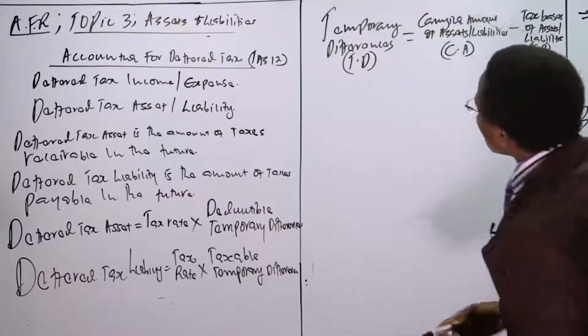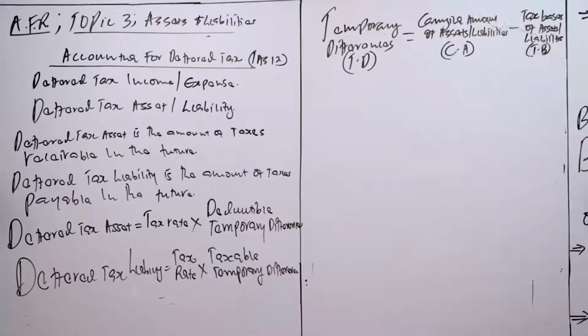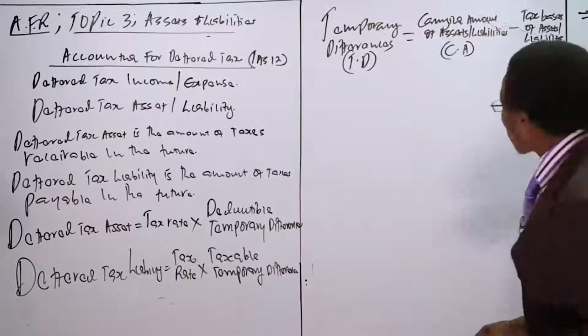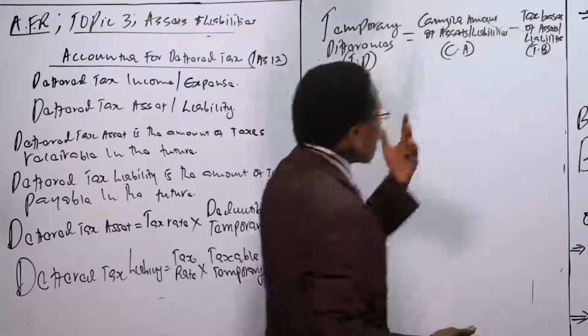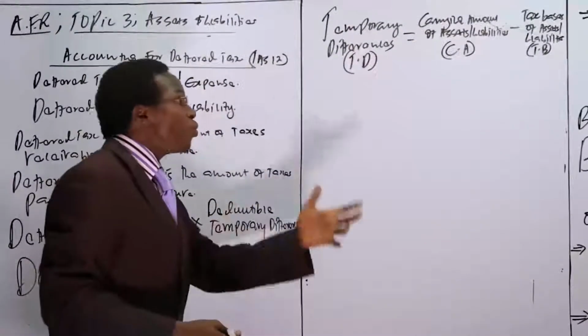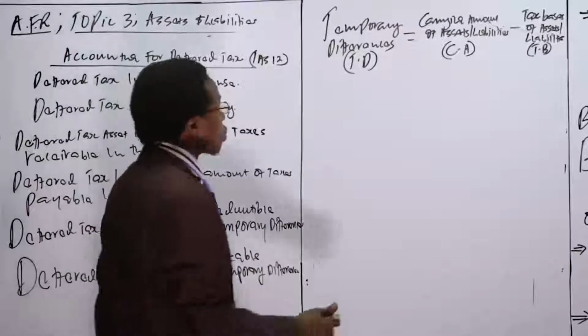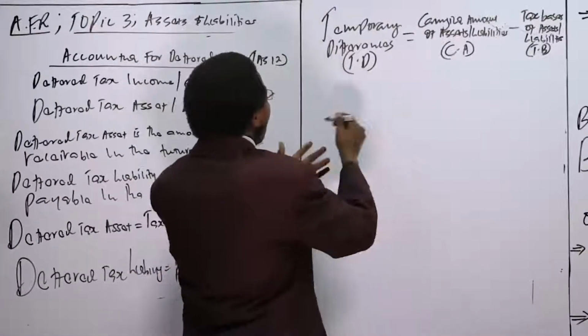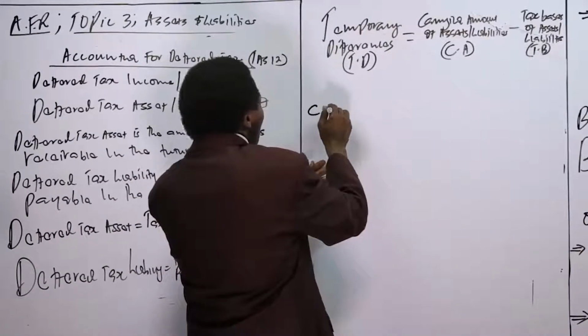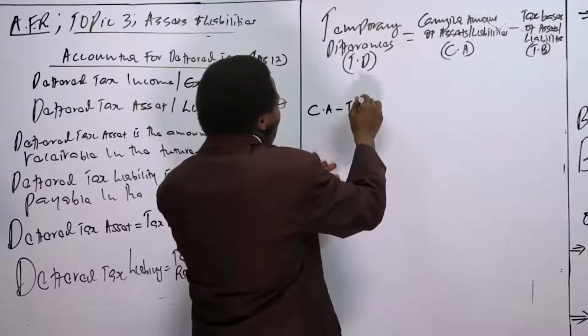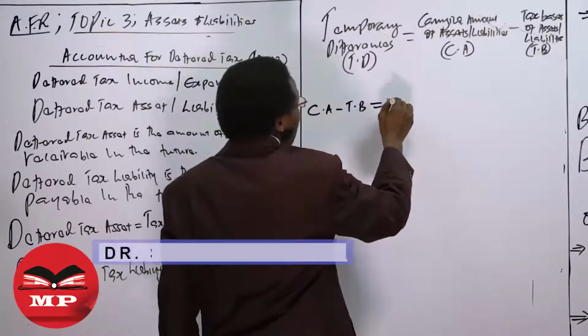So TD is the temporary differences, CA is the carrying amount, and TB, please remember, TB is not tuberculosis. For this case, TB is the tax base of an asset or liability. Very important, so that you don't confuse that. So at any point in time I'm talking about TB, you know that I'm talking about the tax base. So if you take the carrying amount minus the tax base, that's the TB, you will get the TD.